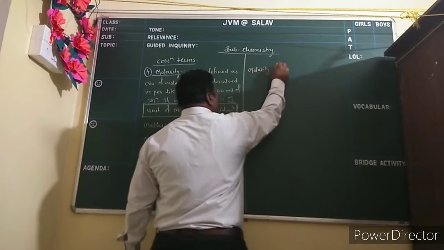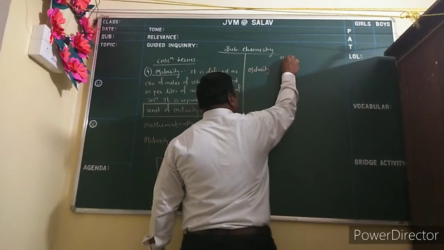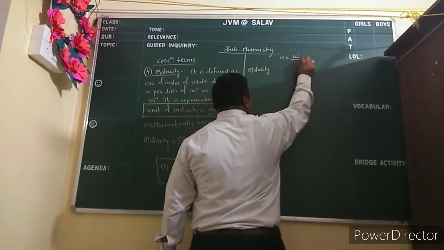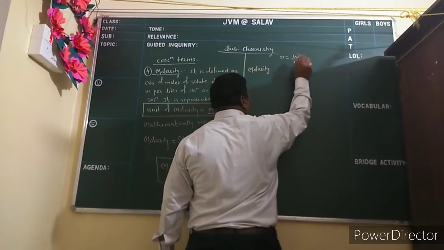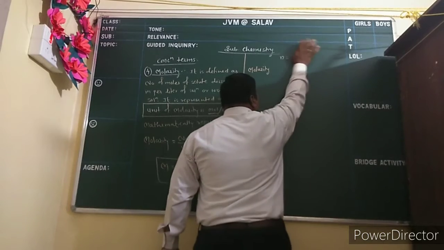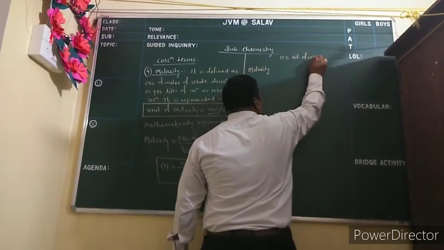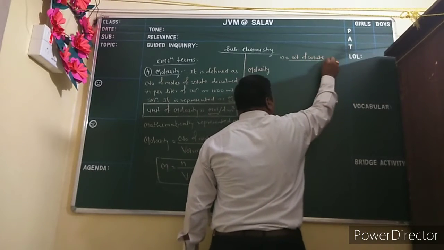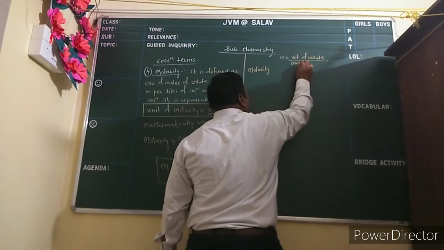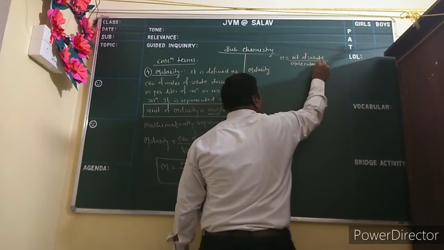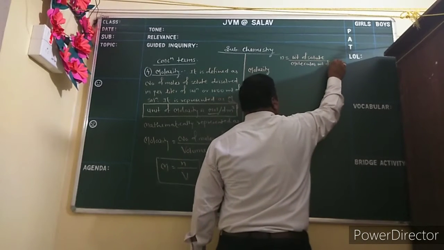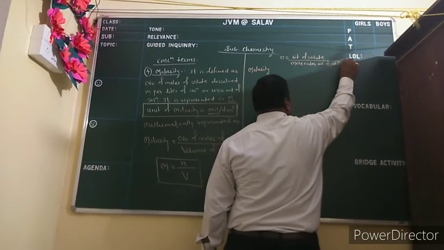Molarity, you know very well, small n is equal to small w upon small m. Here we say that weight of solute upon molecular weight of solute. Is it clear?